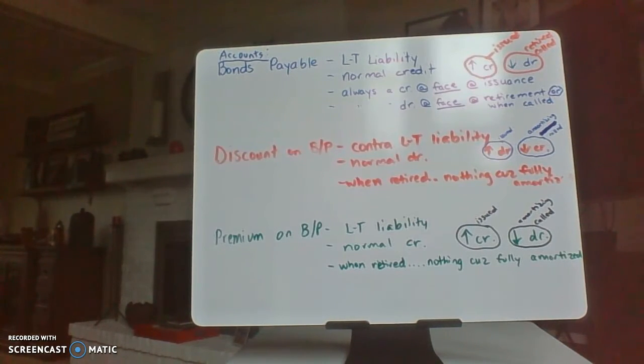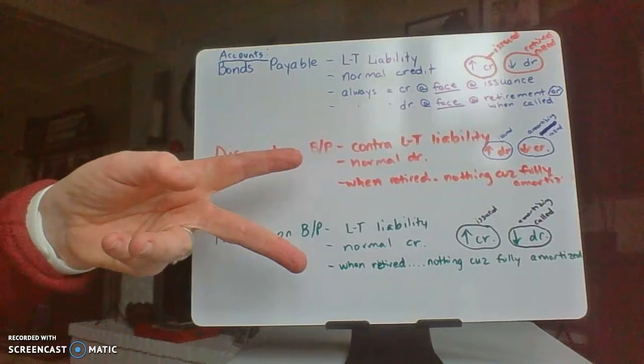The premium on bonds payable is the opposite of that. It's not a contra long-term liability, it's actually another long-term liability. And therefore it has a normal credit. When it's issued at a premium, it's credited, and when we're amortizing or calling the bonds, it's a debit.